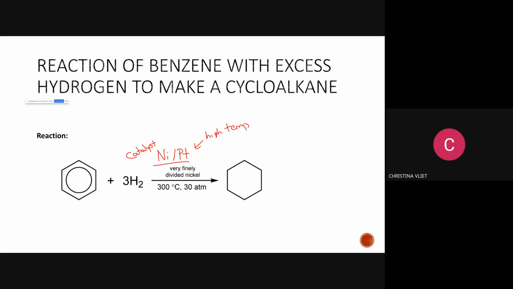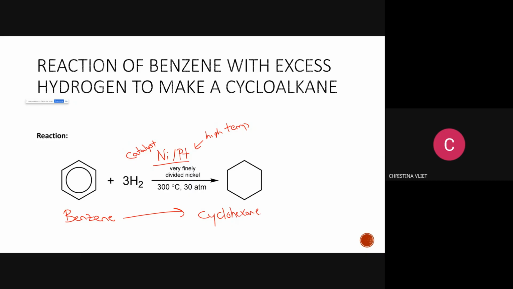It adds to all 3 double bonds, so obviously you need excess hydrogen for it to happen. There are 3 H2 here, but excess hydrogen. This changes benzene all the way to cyclohexane, removing essentially all double bonds. This is a reaction you are just expected to know, and it is the same as a regular addition reaction: H2, nickel, platinum breaks the double bond and adds 2 hydrogens. This does it to the whole ring.